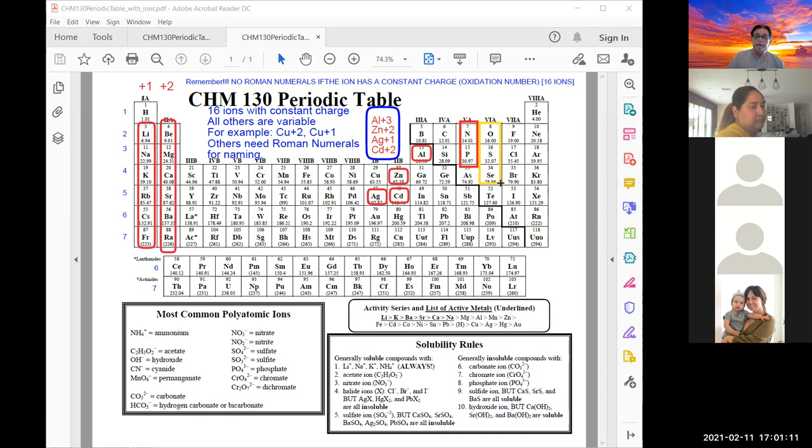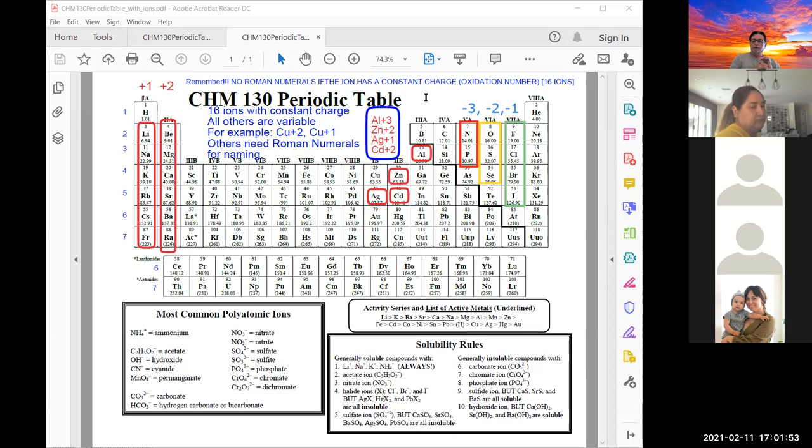When they become ions, the first group will have a -3 charge. The next group will always have a -2. Whoa, I'm going the wrong direction. -3, -2, -1.